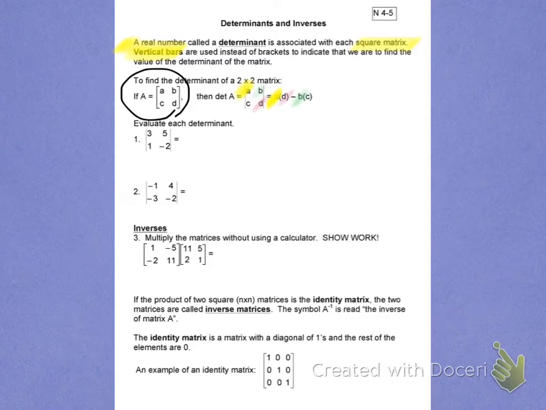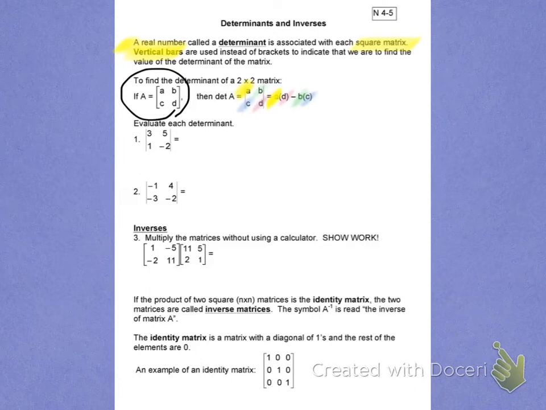Let's get a different color, maybe more blue. Times C. If that helps you to see how you do the diagonals to get the multiplication, then keep that in mind.